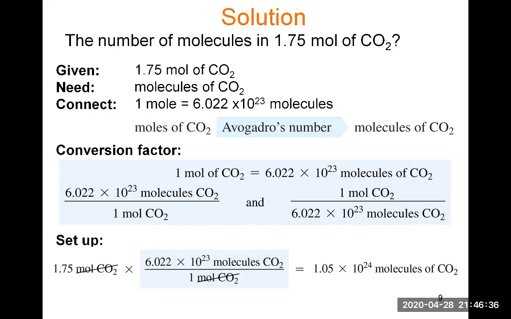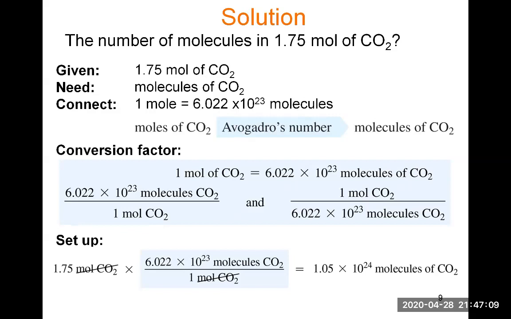So if you set up your calculation, it will look like this: 1.75 moles of CO2, that's the given amount. Always start your calculations with your given amount. It's in the numerator, remember. You multiply by the conversion factor such that you can cancel the starting unit of moles of CO2. And you're left with molecules of CO2, which is what you want.